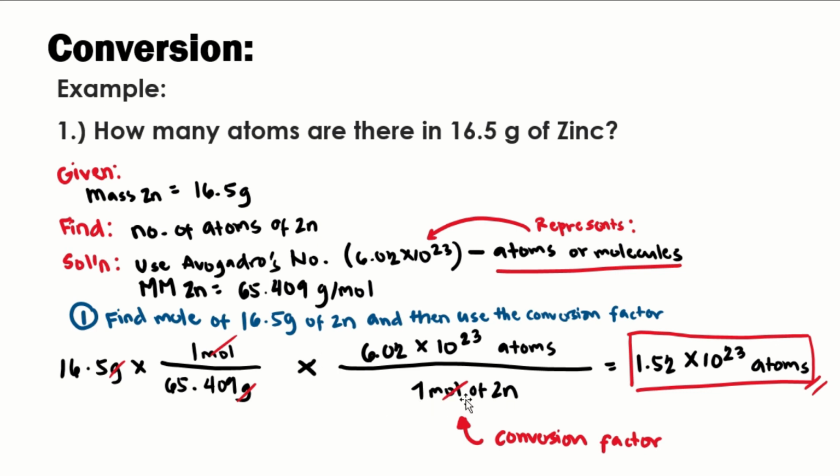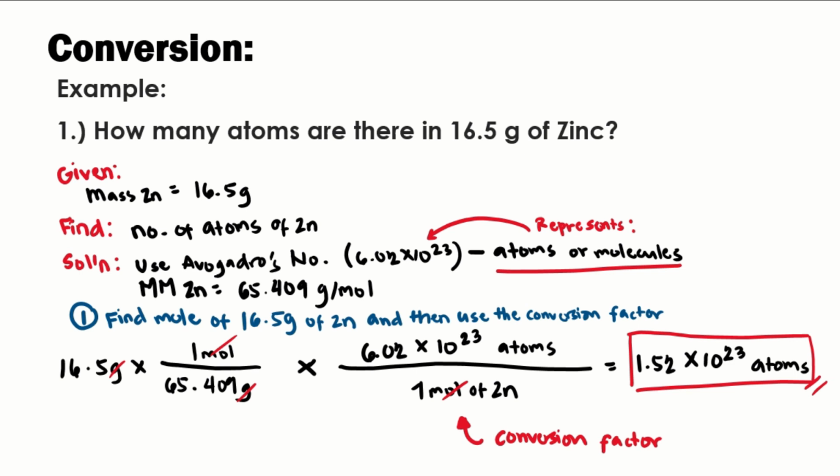So 1 mole of zinc goes on the bottom, per 6.02 times 10 raised to 23 atoms. This is its equivalent value in atoms. So mole cancels, and the final answer is 1.52 times 10 raised to 23 atoms. This means this is how many atoms are present in our given 16.5 grams of zinc.